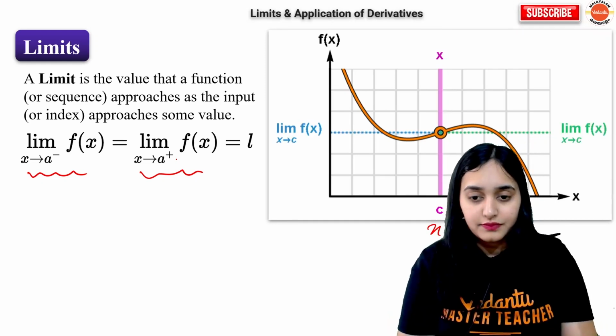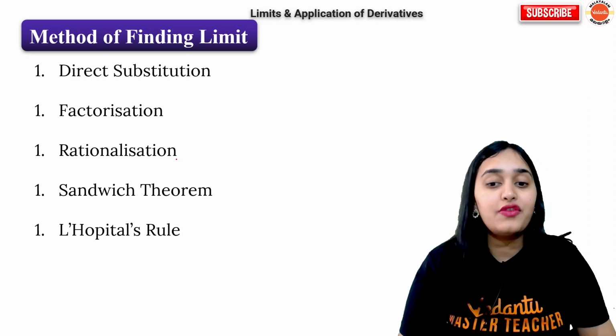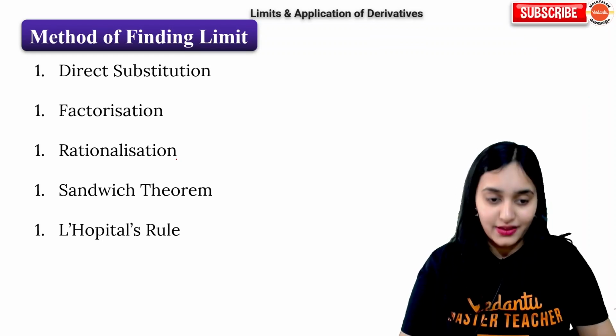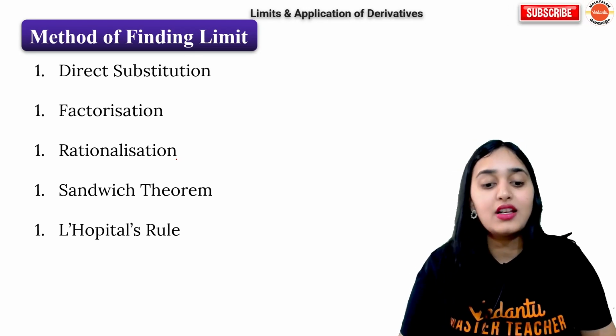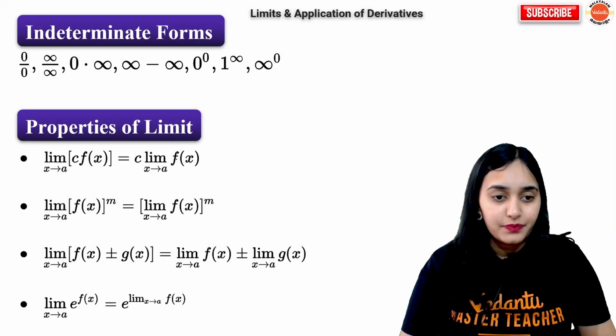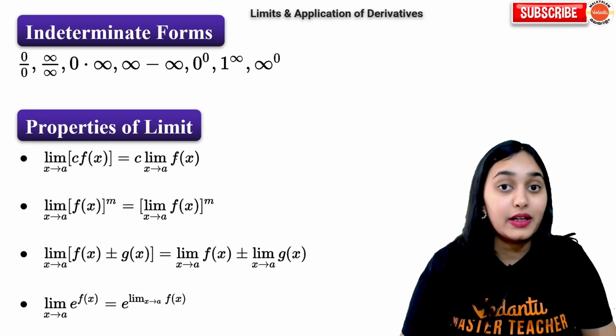Okay. Now, moving on. What are the different methods to find out limits? First is direct substitution, factorization, rationalization, sandwich theorem, and L'Hospital's rule. Now, there are some formulas related to it. What are they?